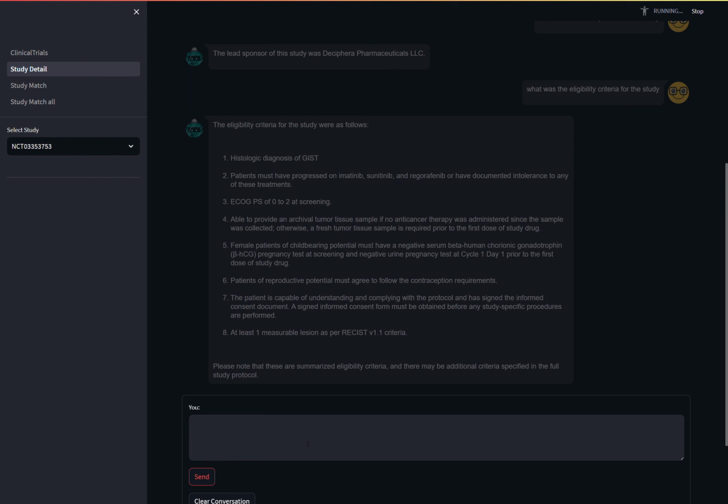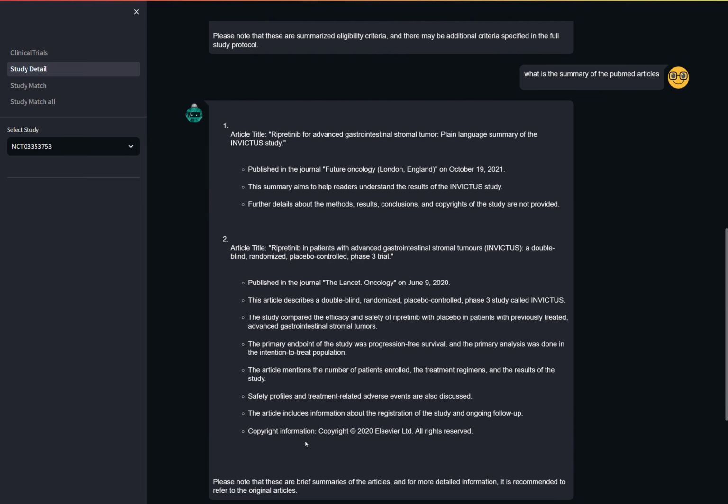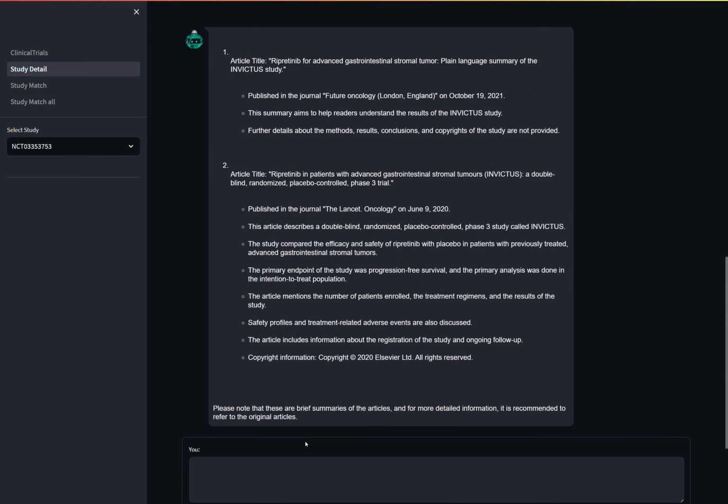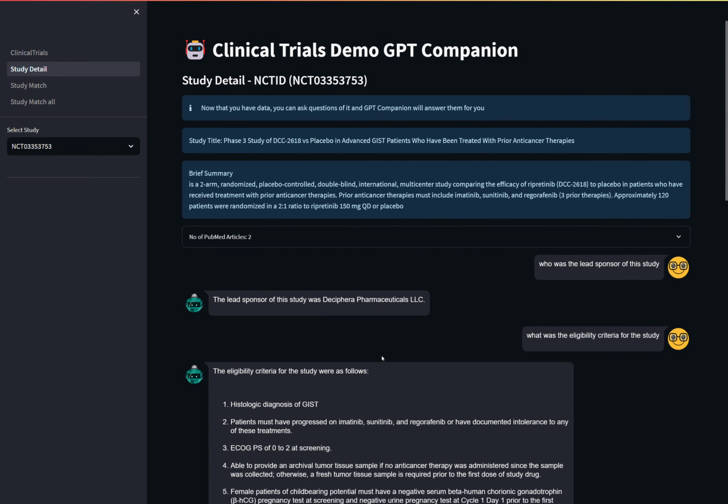So again, the idea is we ground the LLM with data that's relevant for a particular study and let the user ask natural language questions. So this is beautiful. There were 2 PubMed articles, as you saw in the study.